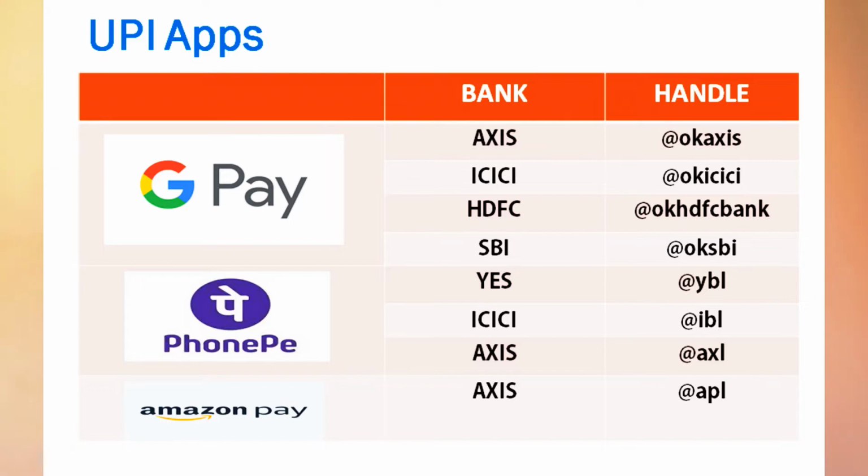So if your handle is created using Axis Bank, then it will show your username followed by @axis. Similarly, all these banks and handles can be created using these apps, or PSPs. So let's try to understand the flow.